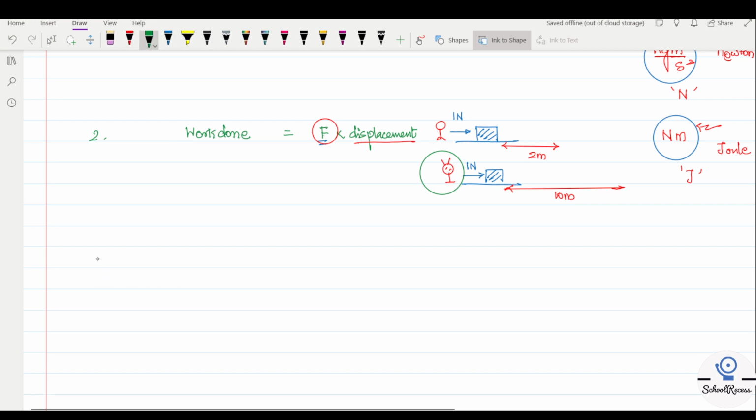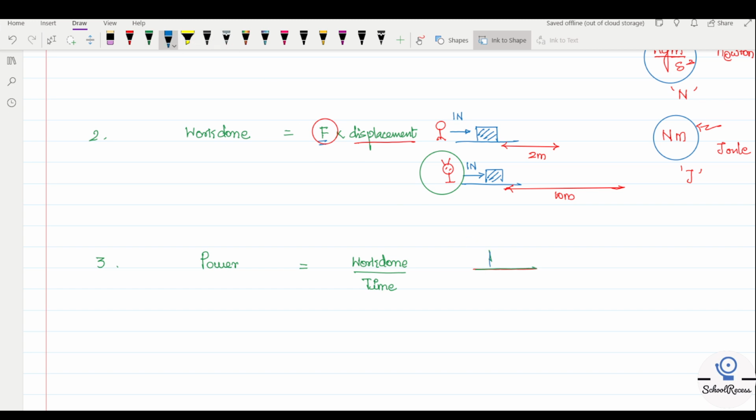Now comes the third part, which is power. By definition, power is nothing but work done per unit time. So what does this mean? Let's have an example similarly. Now we are keeping this work done as constant.